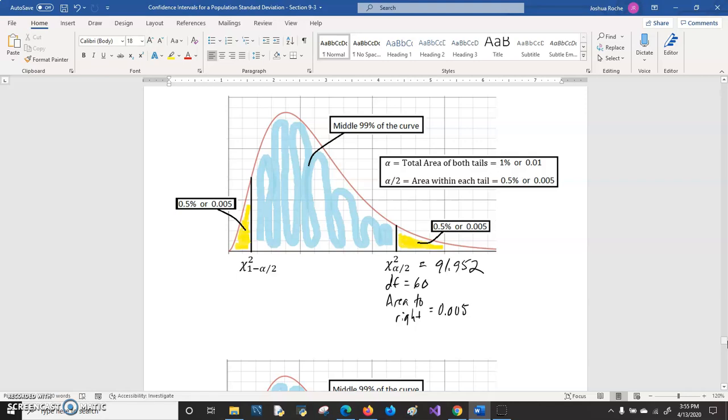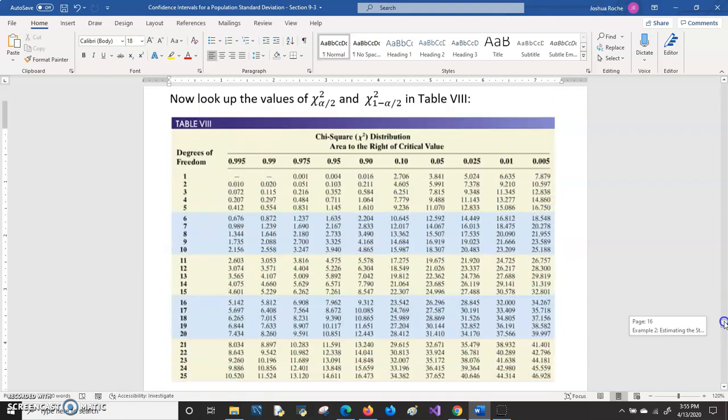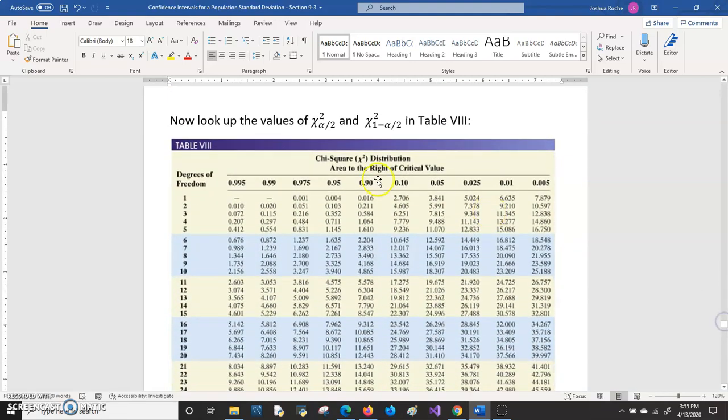For this chi-squared value, again, the degrees of freedom are 60. The area to the right is 0.995. We'll go back up to Table 8. Here's 0.995 for the area to the right.